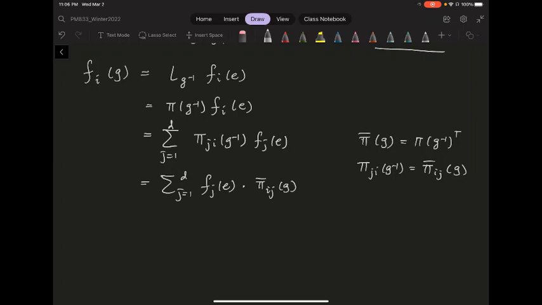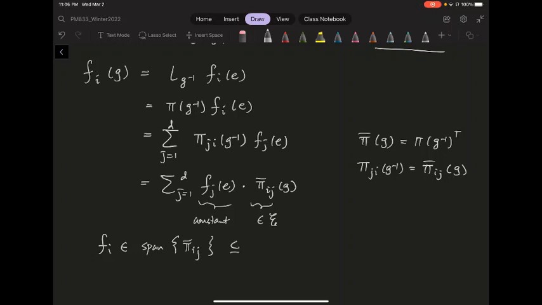So if you ignore the G, the function Fi now becomes a function where these Fj of E are just constant scalars, and you multiply a bunch of pi bar of ij. Well, pi is a finite dimensional representation, so pi bar is still a finite dimensional one, so that's going to be inside the E. So my Fi is going to be inside the span of all these pi bar of ij.